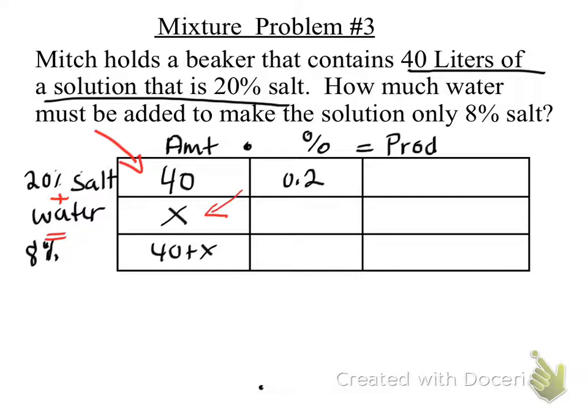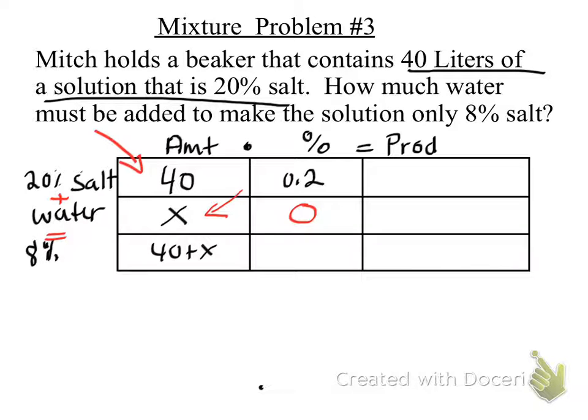Okay, now, here's where it gets even trickier. What percent of salt is water? Getting me thirsty right now. How about 0? In water, does it taste salty? No. It's 0%. What is the 8%?